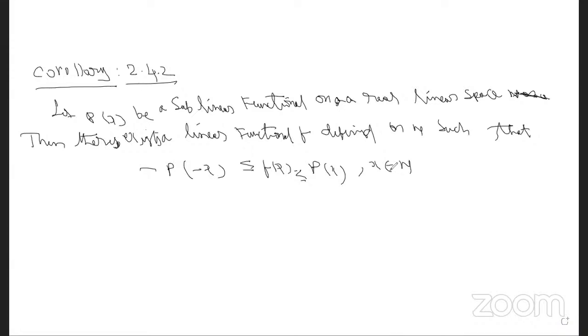Then there exists a linear functional f defined on N such that minus p of minus x is less than or equal to f of x is less than or equal to p of x, x belongs to N. What is N? N is a normed linear space.